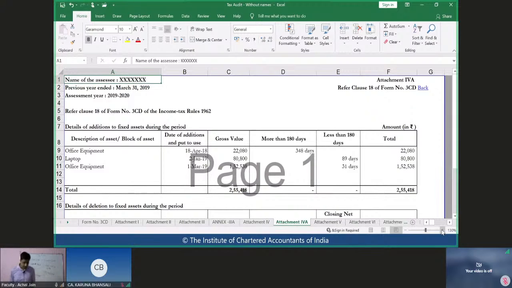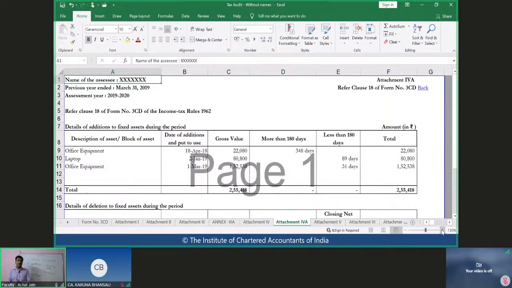Now think of a company which will be having a huge gross block and wherein additions to the fixed assets are multiple. Therein, this clause will run into many pages. 30 pages, 40 pages, 50 pages are very commonly seen in respect of this type of disclosure.